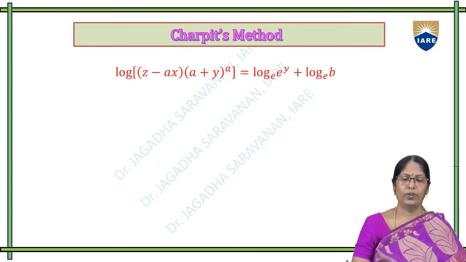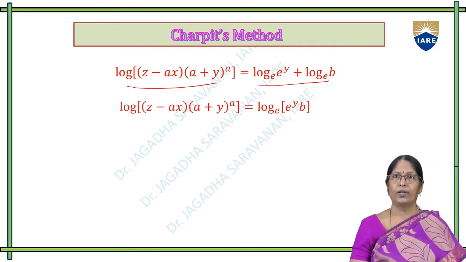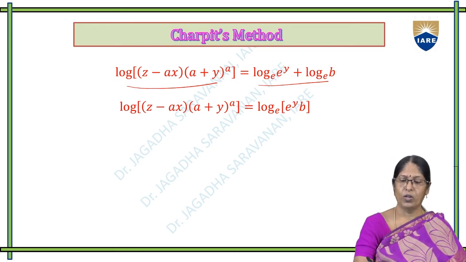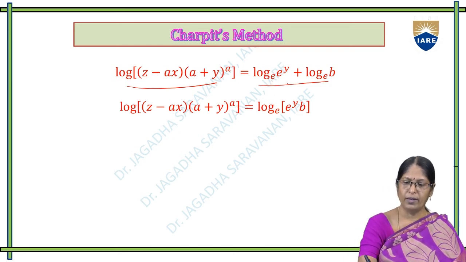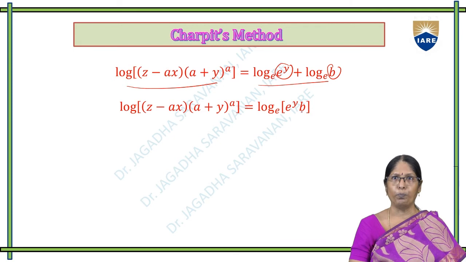So now here log of, here also log of. This is also under product we wrote it. Log A plus log B, we can write it as log AB. Here log E. Here the circled one, we put it as e power y into b.